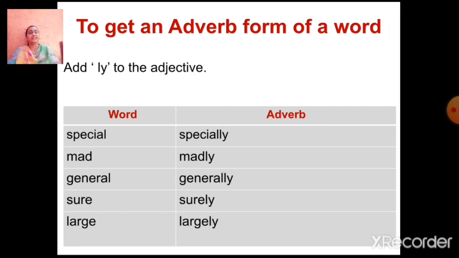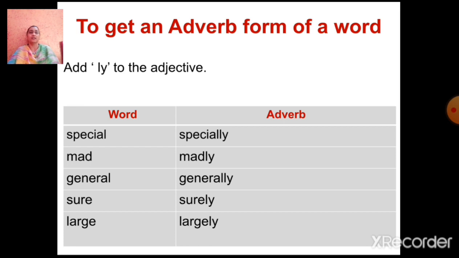Now the next is to get an adverb form of a word. Getting an adverb is very simple. You just need to add ly to the given adjective. Now here the given word is special, which is an adjective. Now let's form a sentence and see. He has a special car.